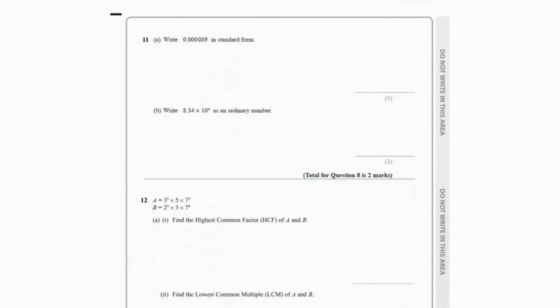Then another type of question you get on standard form is to convert an ordinary number into standard form or vice versa. This is your ordinary number form. When there's no 10 to the power of something, it's an ordinary number. So to convert it into 10 to the power of something, we'll move the decimal 1, 2, 3, 4, 5 places to the right.